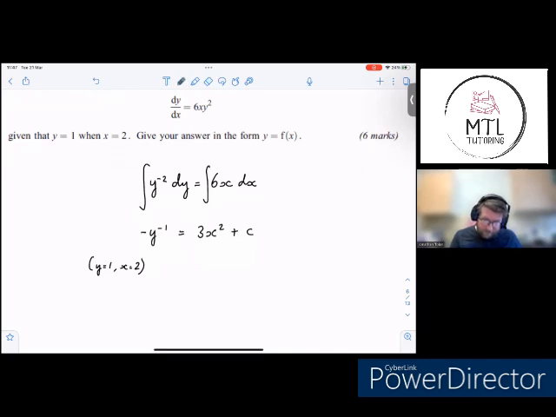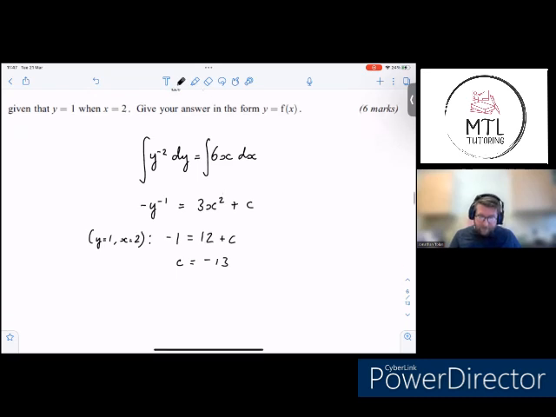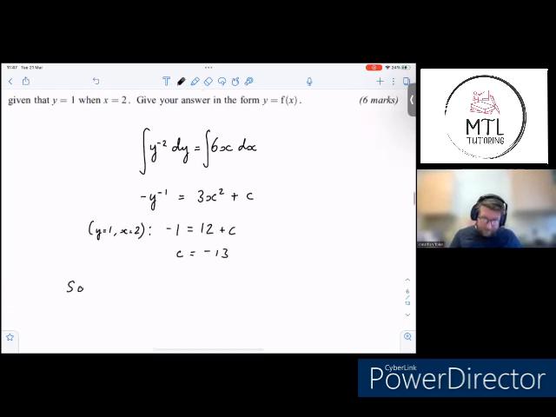So minus y to the minus 1. Well, when y is 1, 1 to the power of anything is 1, so that just gives us minus 1. When x is 2, we get 3 times 2 squared. So c is minus 13. So we get minus y to the minus 1 equals 3x squared minus 13.